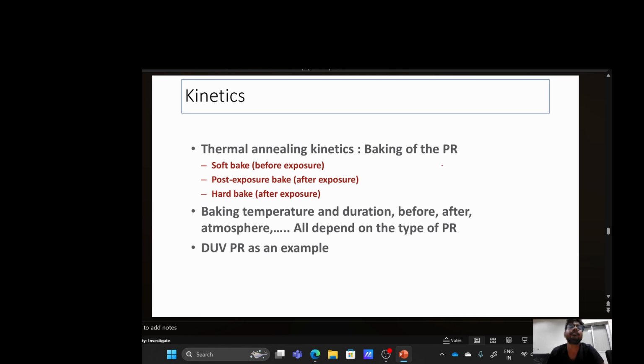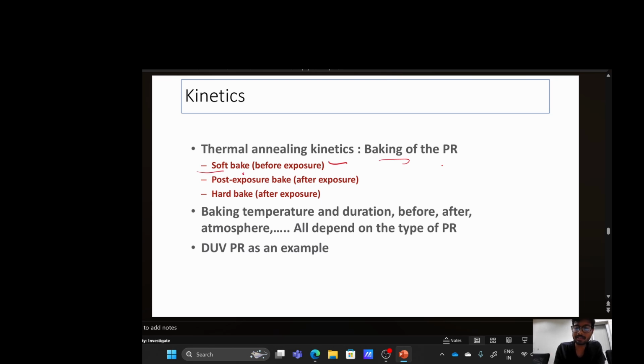From the kinetics perspective, there is thermal annealing kinetics, the baking of the photoresist. During the photolithography process, or the optical lithography process, we are baking the substrate several times. One is the soft bake, just after the coating of the photoresist over the substrate.